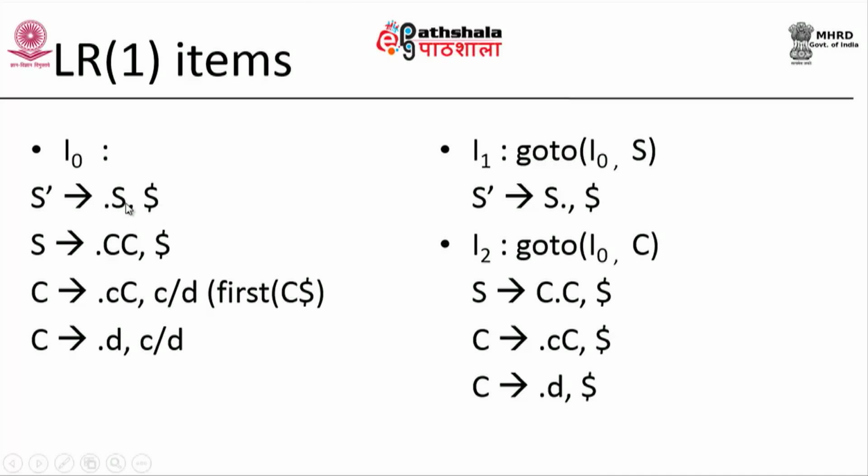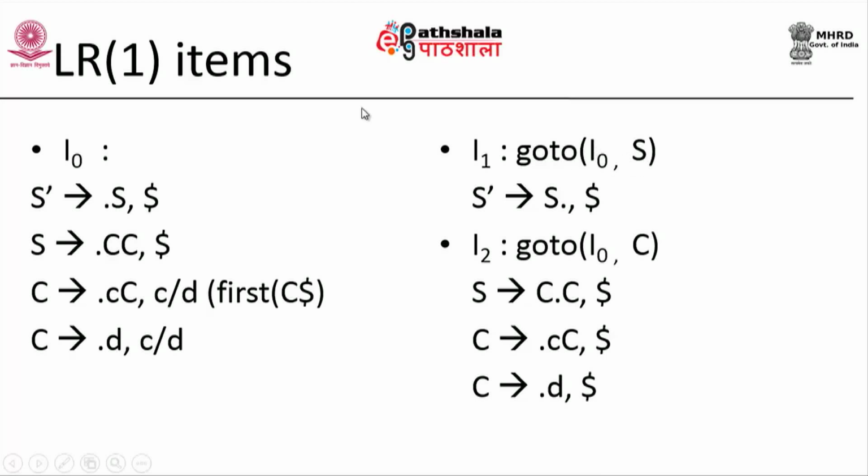Here B is S, beta is epsilon, so first of beta a is dollar, and I added the productions of S. Now B is C, beta is C, so beta a will be C dollar. First of C dollar is c/d, so I add the items of the productions of C with a dot in the beginning.